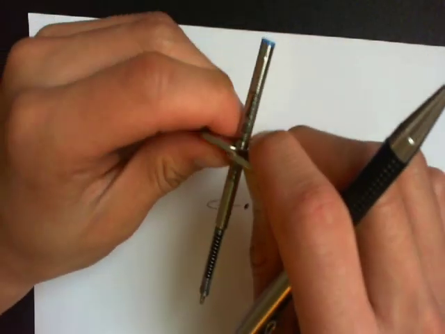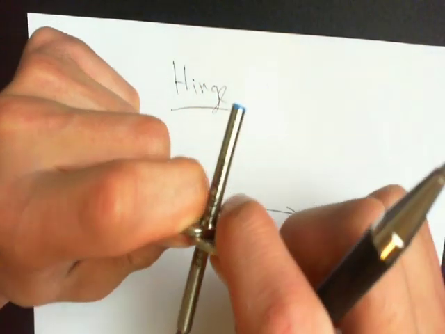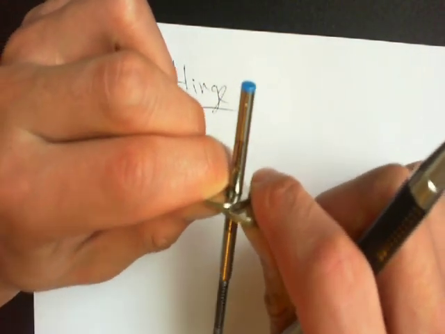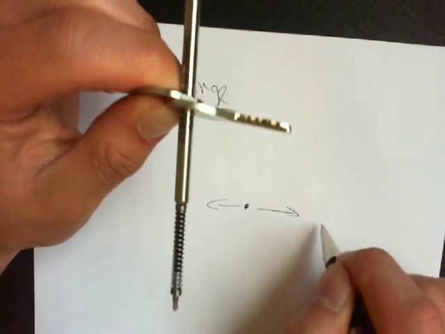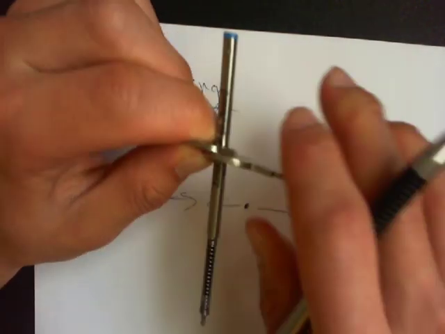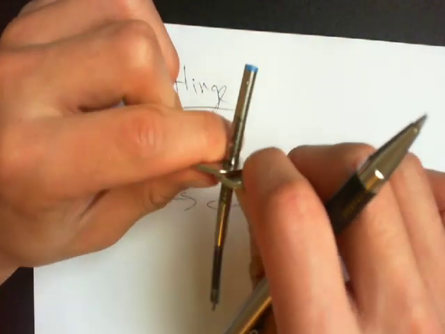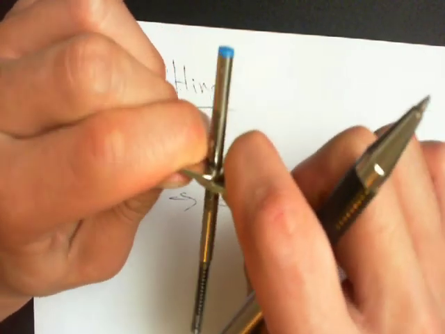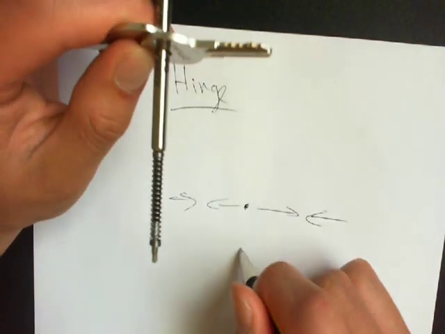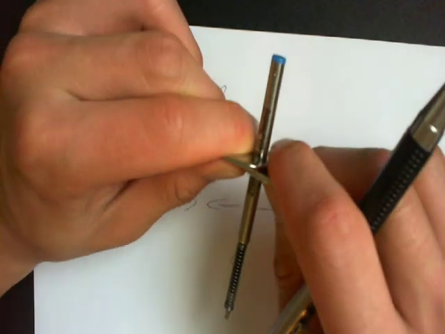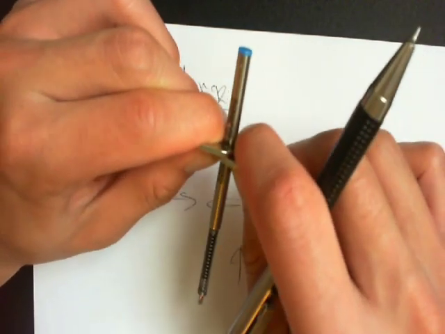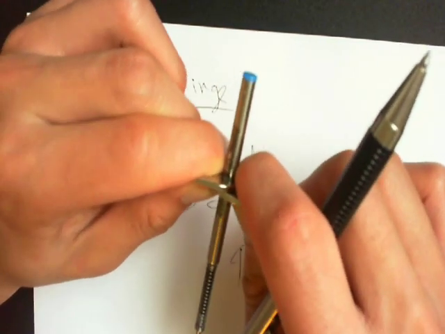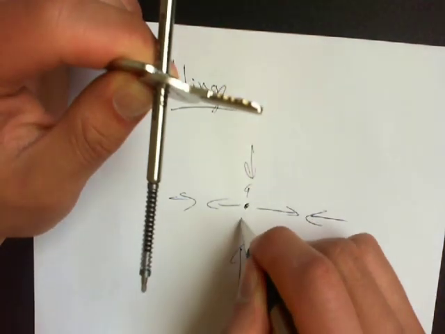That's because the hinge will develop a force to counter the force that I apply, like this. Okay? It's the same if I pull it up or down. If I push it up or down, the hinge is going to develop a force to react to the force that I apply to it, like this.